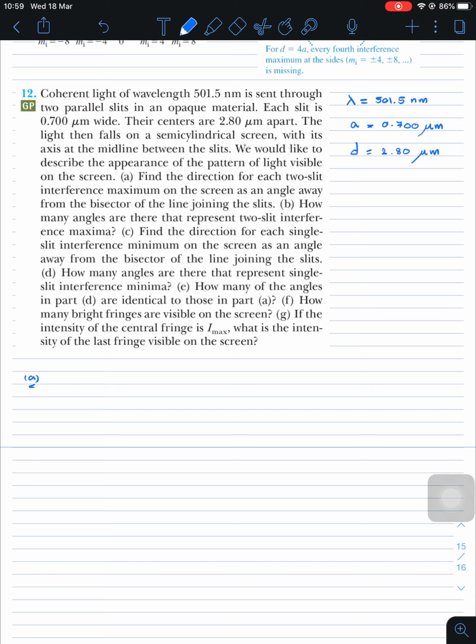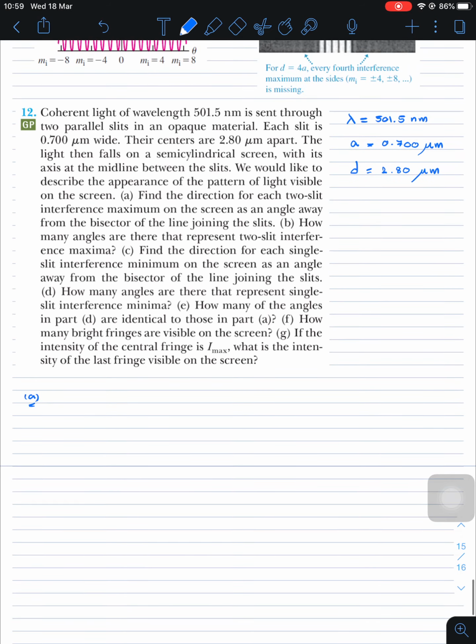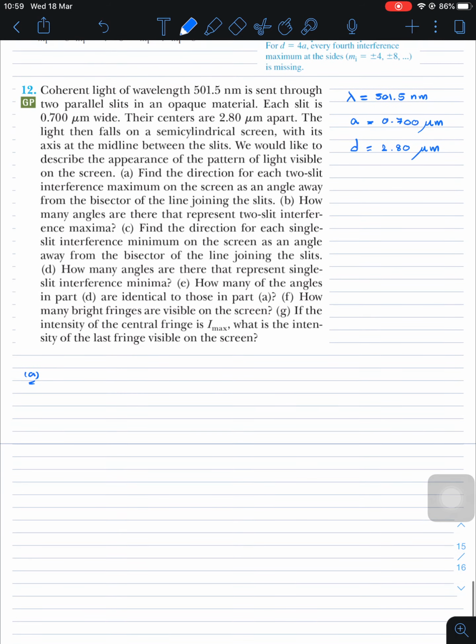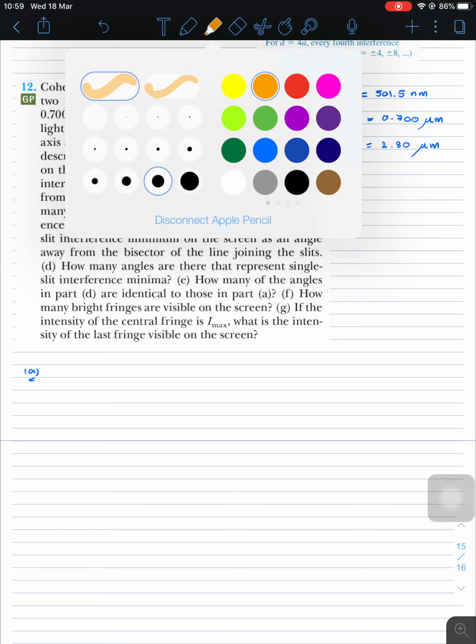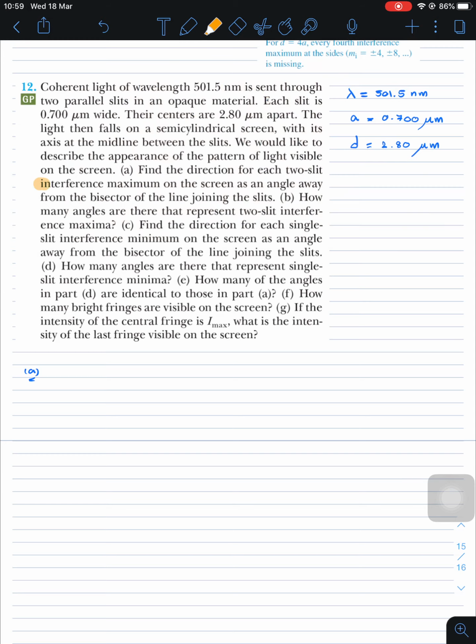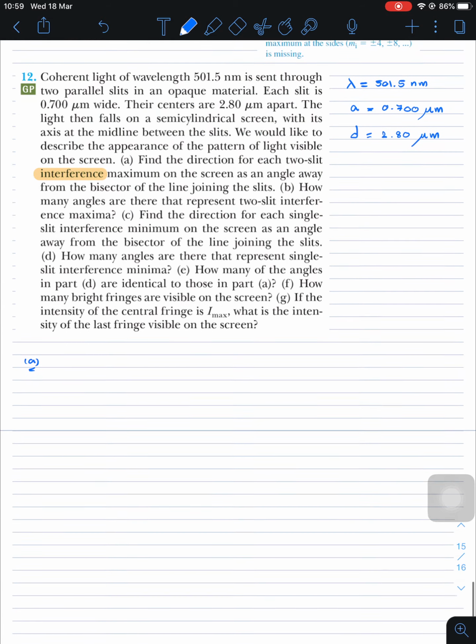Now for part A. We want to find the direction for each two-slit interference maximum on the screen as an angle. So we want to find theta for the bright fringe from the interference. I want to emphasize that it is from the interference here. Which equation do we need?